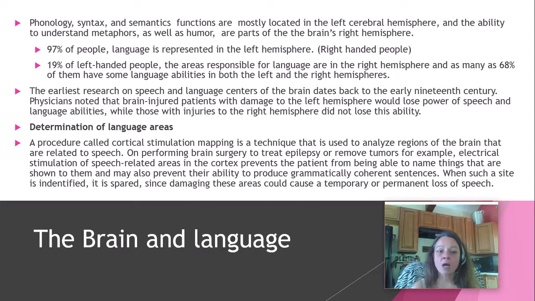Even as far back as the early 1900s, scientists were noting that when damage was done to the left hemisphere, people would lose their ability to speak and even produce language in any form. And those who just had injuries to the right hemisphere didn't really lose those abilities. So interesting work there.